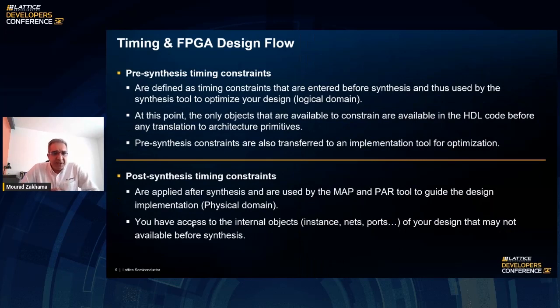The first thing I would say in terms of timing in FPGAs is that there are two types of timing constraints: the pre-synthesis timing constraint and the post-synthesis timing constraint. So what's the difference between these two? The pre-synthesis timing constraints are defined as timing constraints that are entered before any synthesis happens on your HDL code.